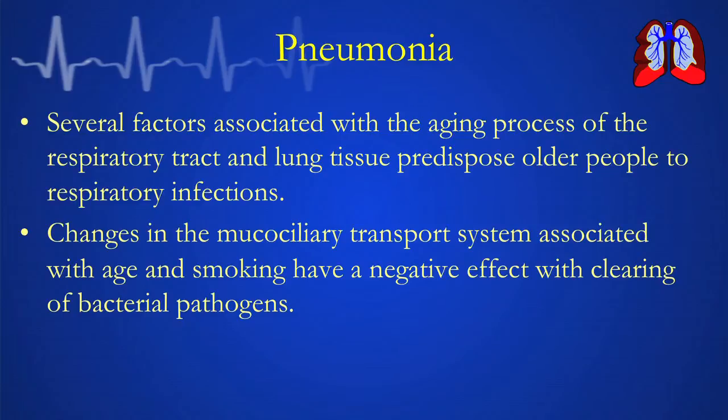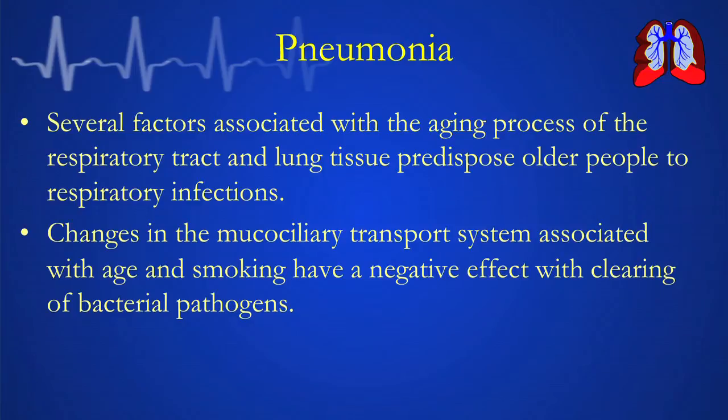Several factors associated with the aging process of the respiratory tract and lung tissue predispose older people to respiratory infections. So as you age, you get changes in the mucociliary transport system. And then smoking can also have a negative effect on clearing of bacterial pathogens, because a lot of these elderly patients had a significant smoking history.